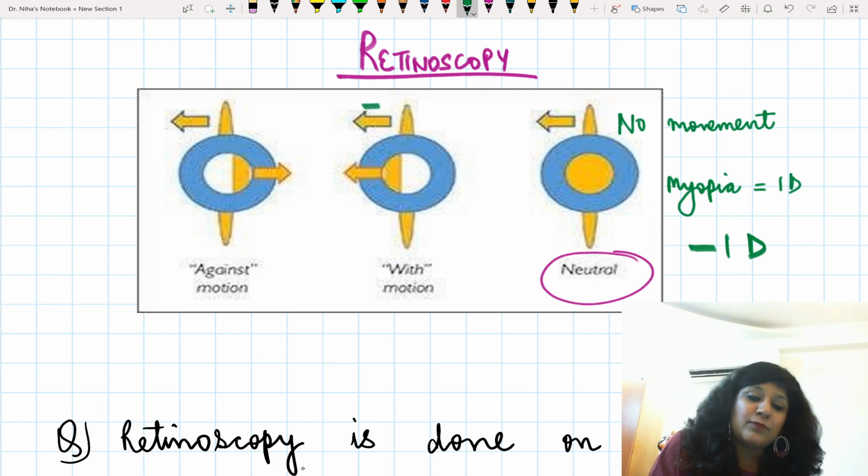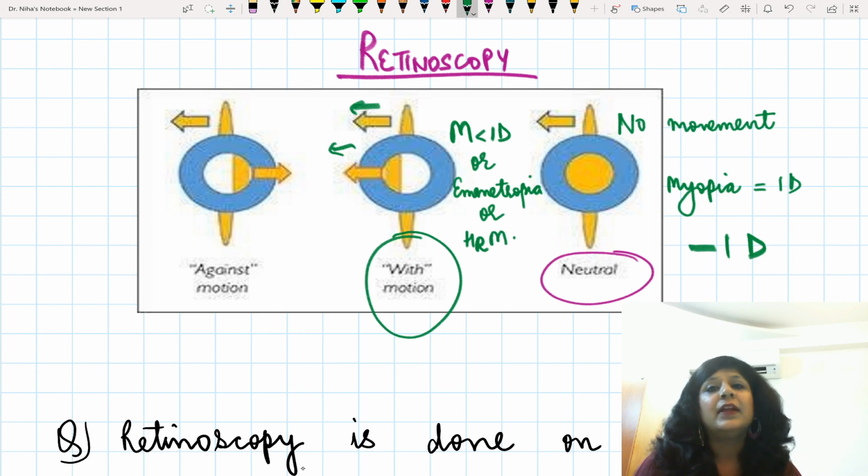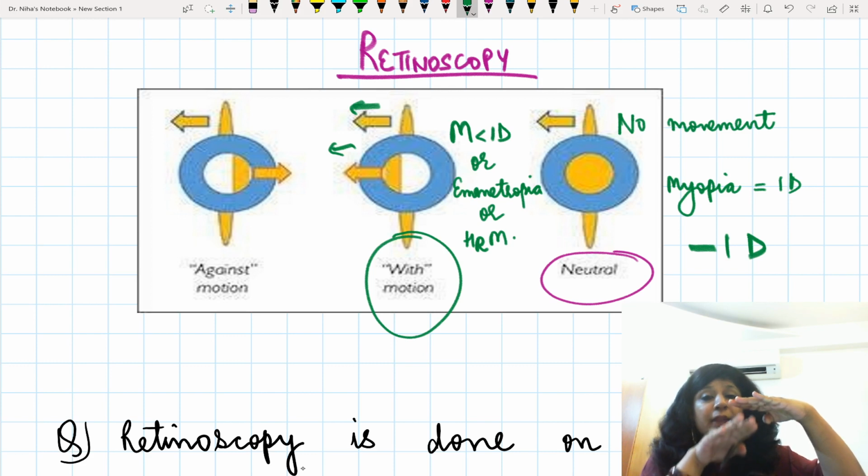When they are moving in the same direction, with motion, this means either the myopia is less than 1 diopter, right, or it can be emmetropia, or the third possibility is that the patient is having hypermetropia. I will explain why. Because it was neutralized at -1, if you are going below -1 power, that means I will get the same direction. So below -1, what will happen?